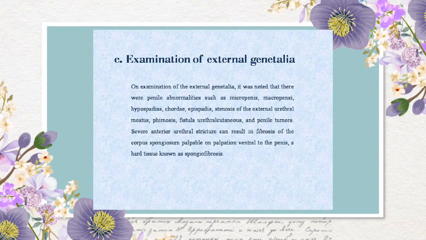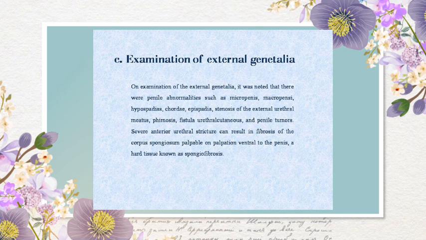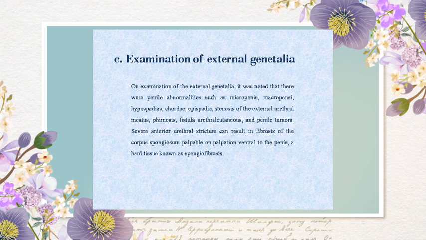Examination of external genitalia. On examination of external genitalia, it is noted whether there are penile abnormalities such as micropenis, macropenis, hypospadias, chordee, epispadias, stenosis of the external urethral meatus, phimosis, urethrocutaneous fistula, and penile tumor.